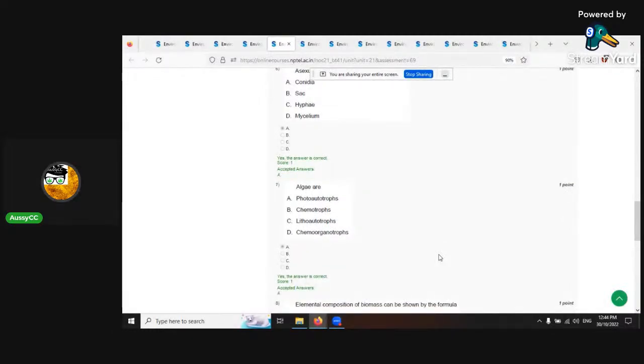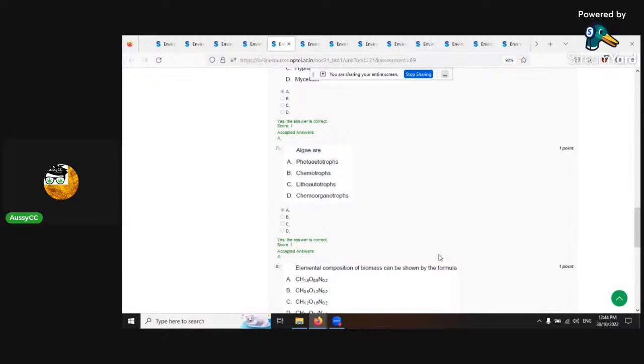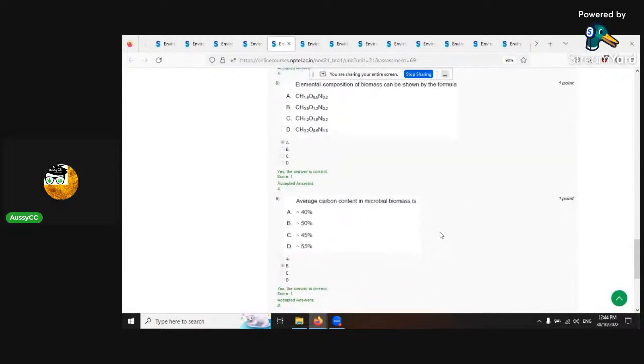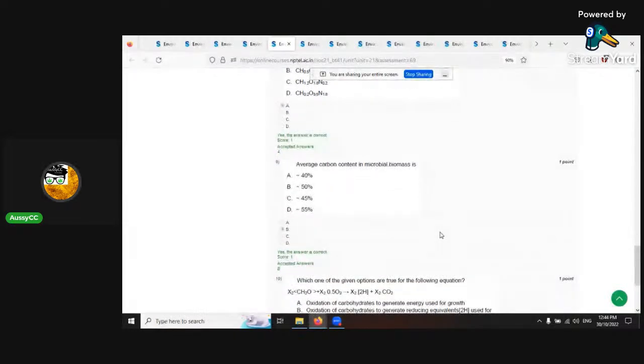Elemental composition of biomass can be in the formula of CH1.8O0.5N0.2. Average carbon content of microbial biomass is about 50%. Which one of the following is the option for this equation?